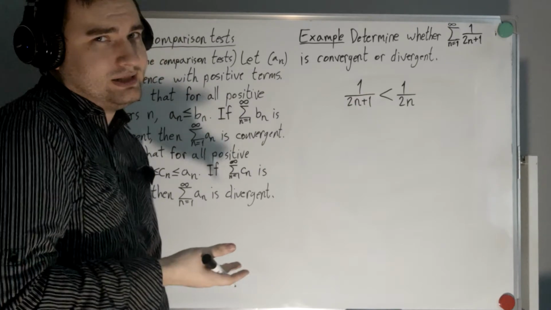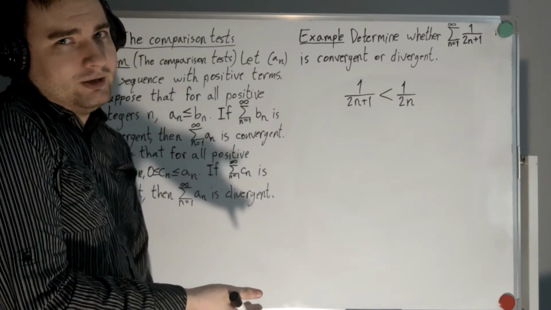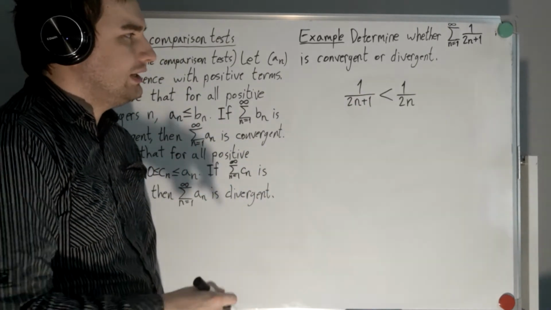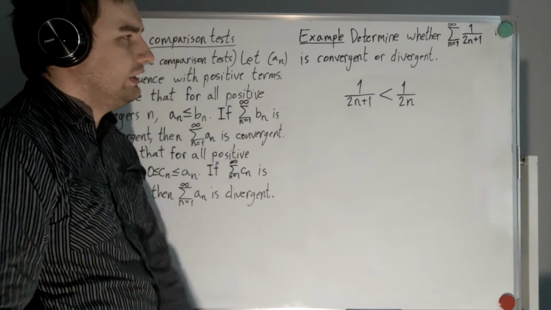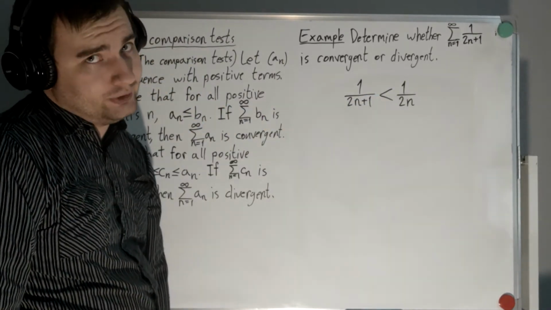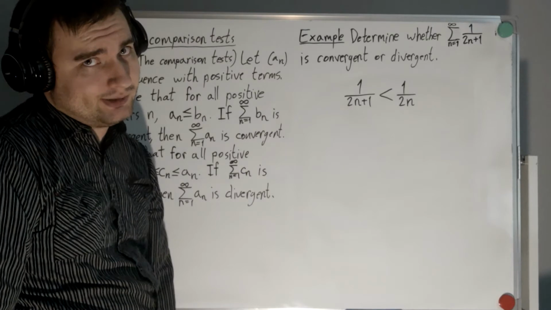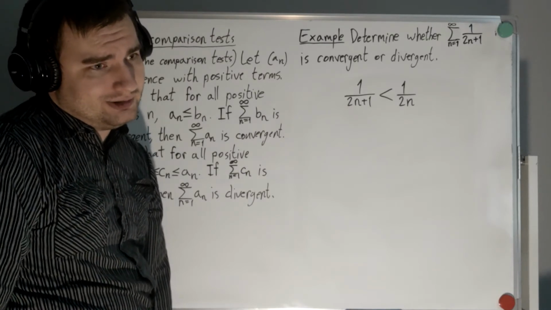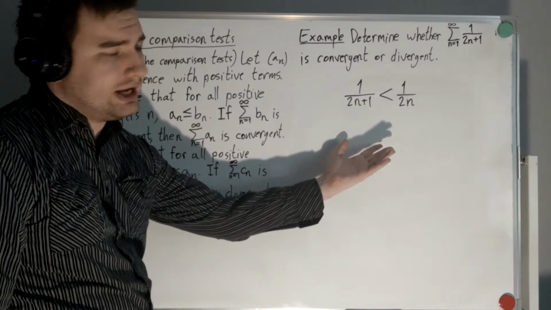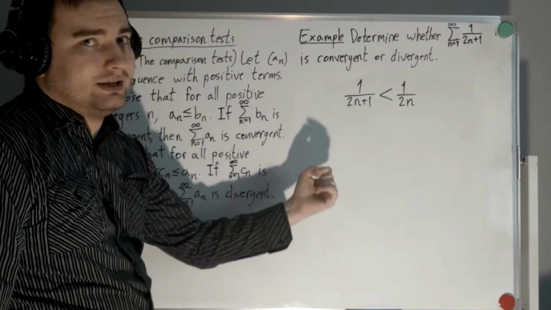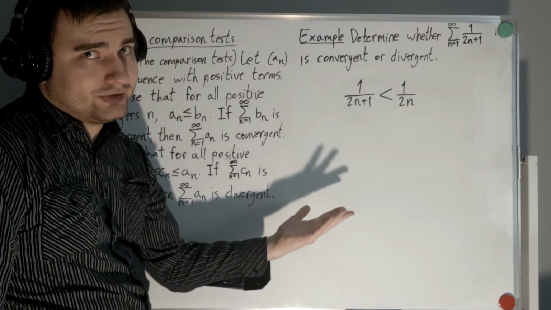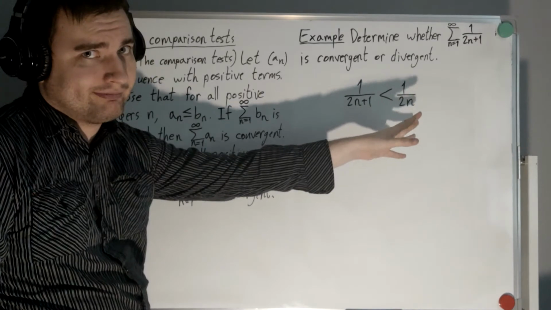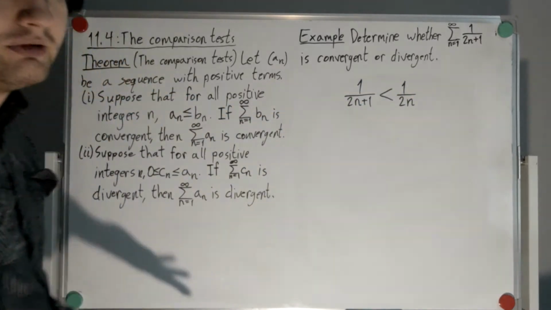And okay, that's something. But now, if you look at the series n equals 1 to infinity of 1 over 2n, that's divergent. So the obvious simplification of this thing is divergent, but it's also larger, so that doesn't really tell us anything.